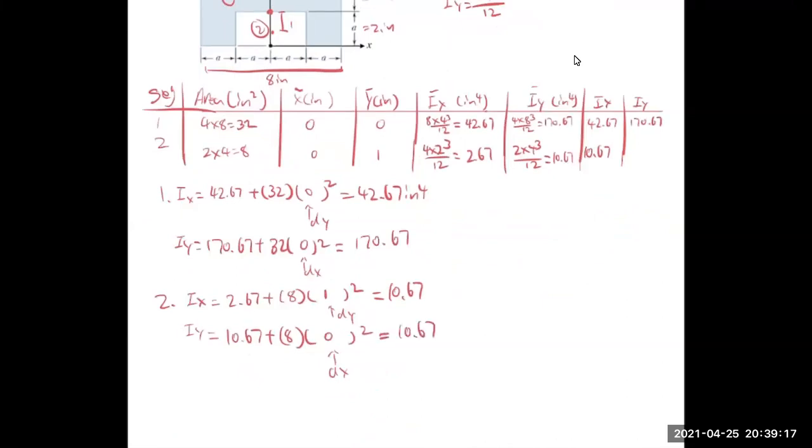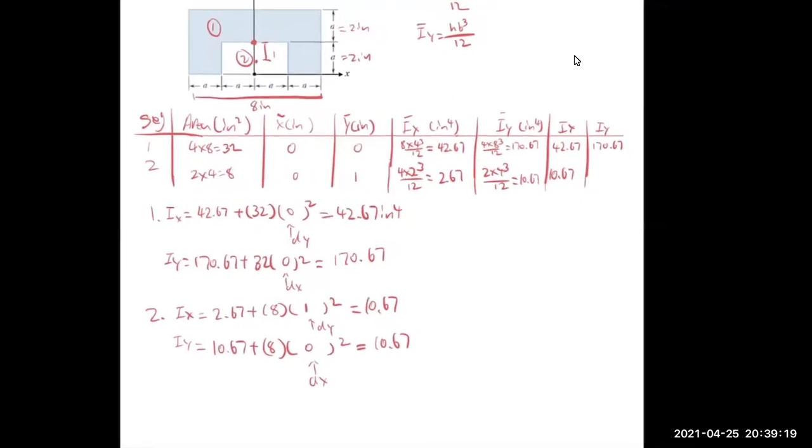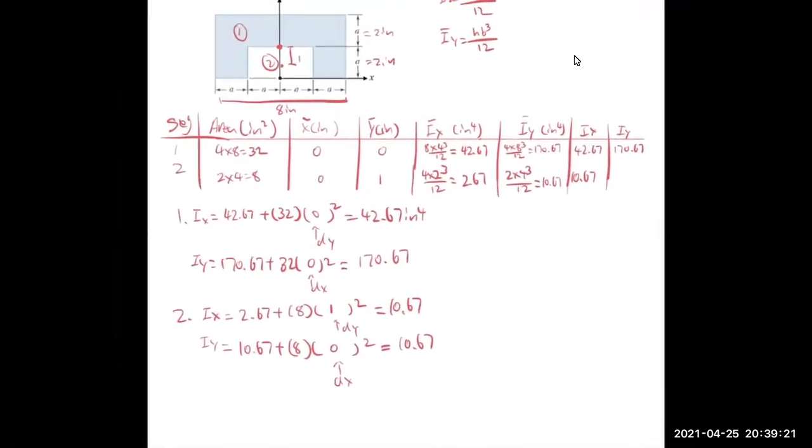And then let's just do the math right here. Ix will be equal to Ix1 minus Ix2, because Ix2 is the empty space. Ix1 is 42.67, minus Ix2, which is 10.67.